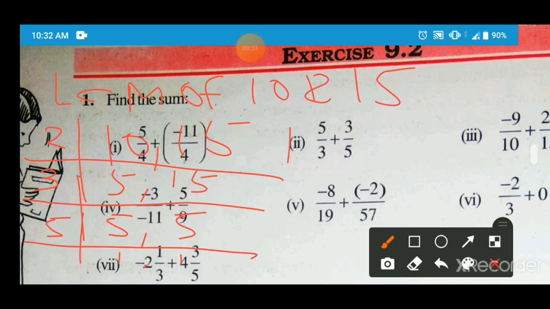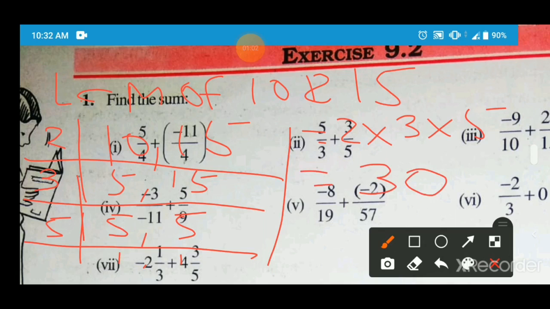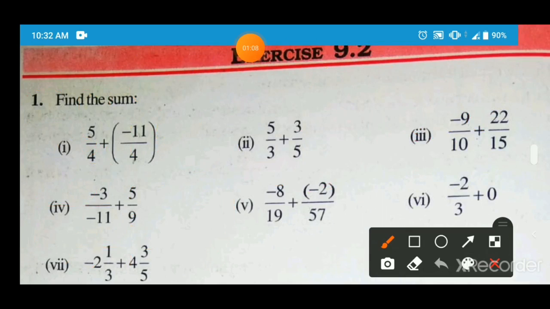So the LCM is what? That is 2 multiplied by 3 multiplied by 5. So it is 5 3s are 15, 2s are 30. LCM of 10 and 15 is 30. Now the first fraction is minus 9 upon 10. We need 30 in the denominator, so we multiply 10 by 3 and the numerator 9 by the same number 3.